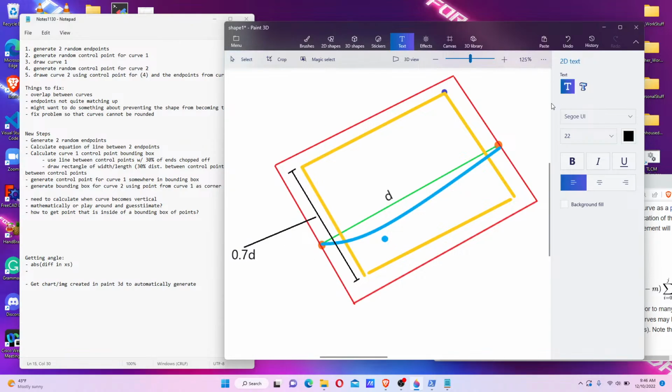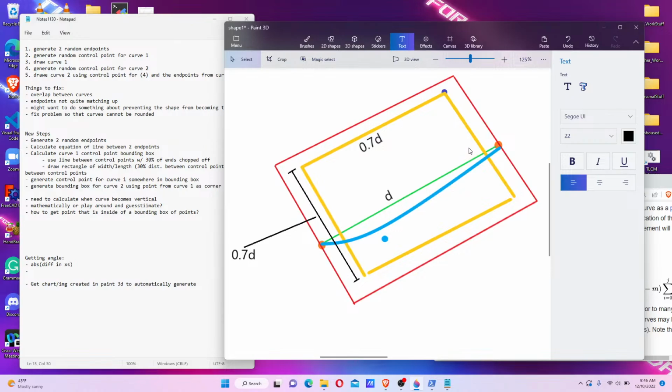Okay. I guess this could kind of be two steps. It first generates that red bounding box, and then it generates the yellow bounding box. Yeah, I think that should be fine.